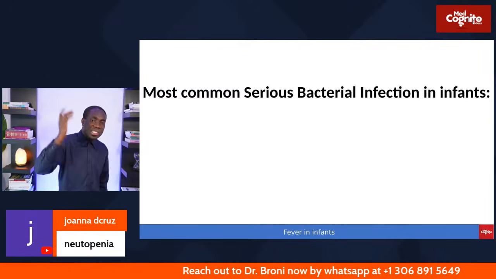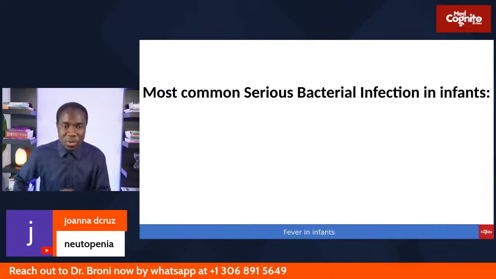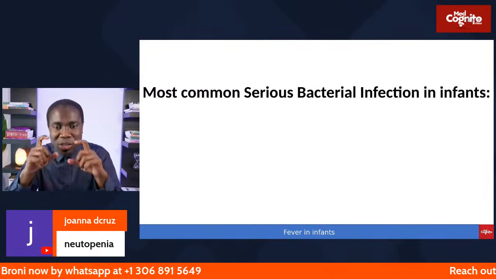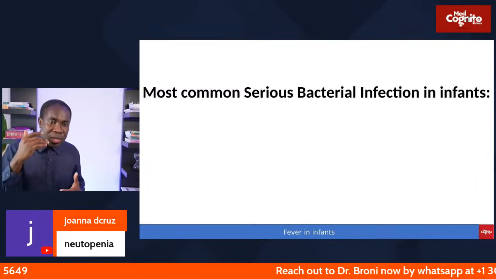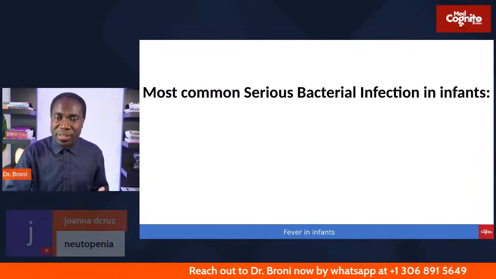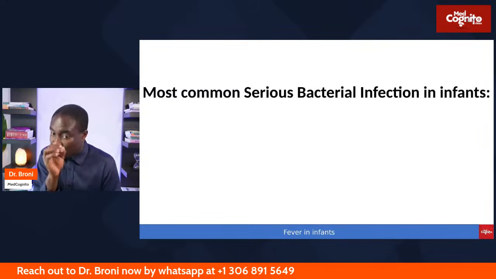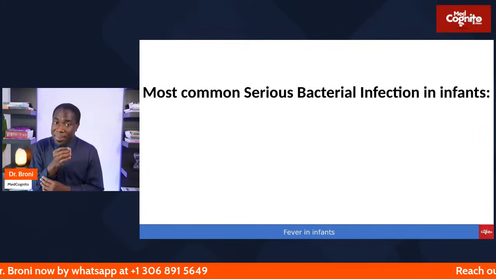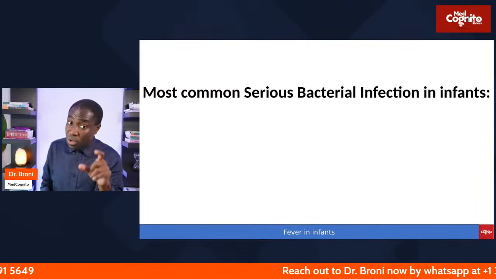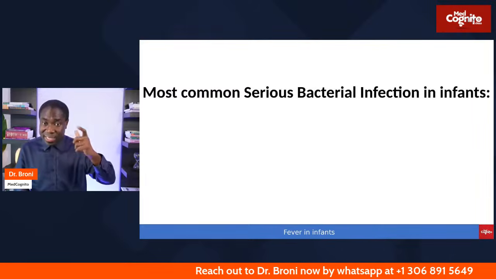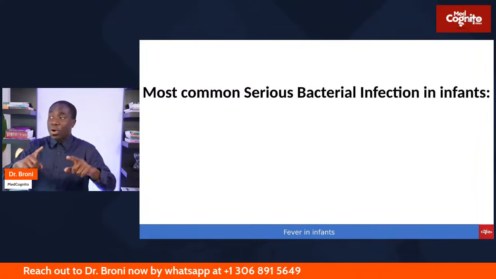Most common serious bacterial infection in infants. Let's go. Tell me something. Please, I mentioned this in class. I'm not saying most common organism.